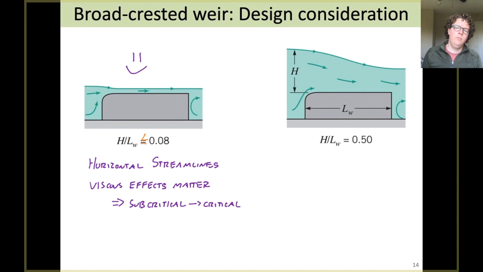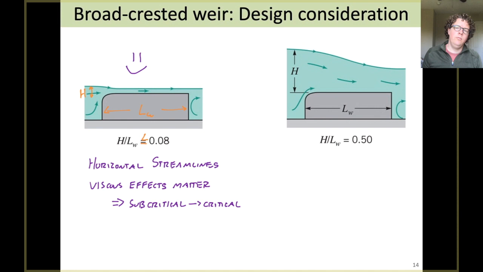In other words, this weir is much, much longer in the direction of flow than the upstream depth over the weir. Now, in this case, you get perfectly horizontal streamlines. The viscous effects are sufficient that you actually get to that critical flow condition. Right? So that's what we would ideally achieve.